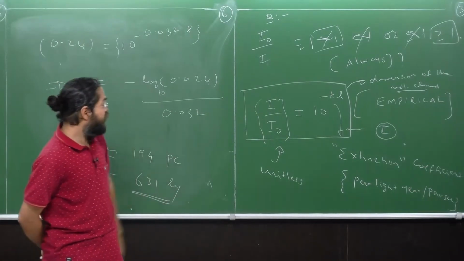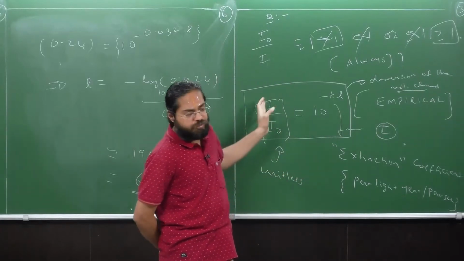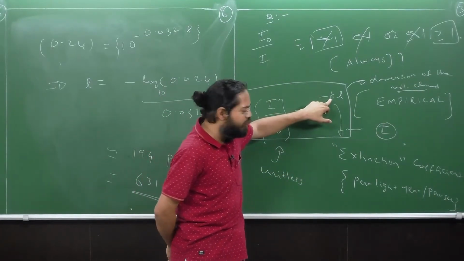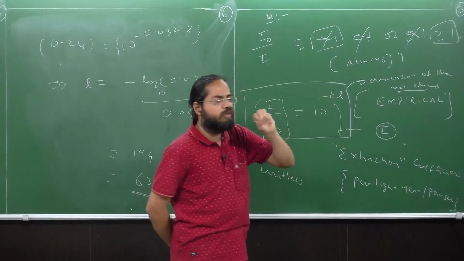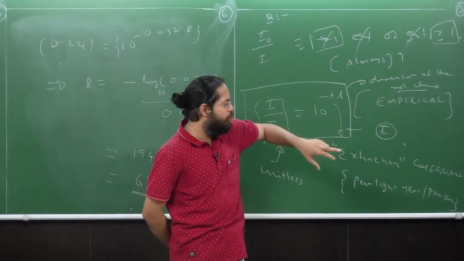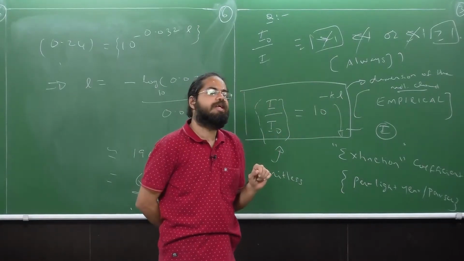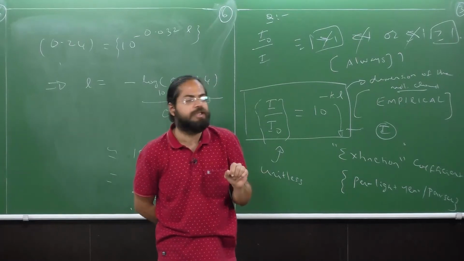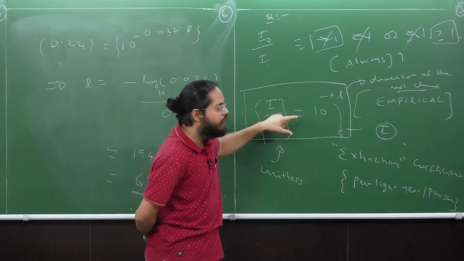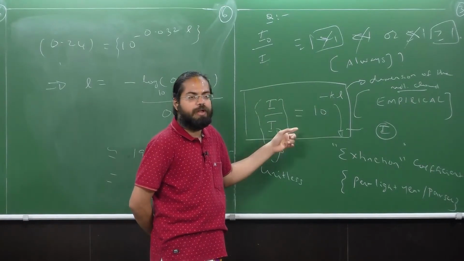In fact, the same expression is used in laboratory physics and chemistry also. Just that this K over there is further expanded in terms of the concentration of the molecules present, and also you have some constant called epsilon, which is the molar extinction coefficient.